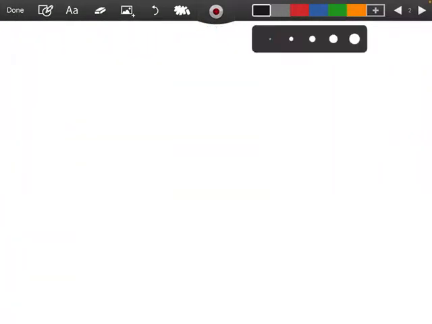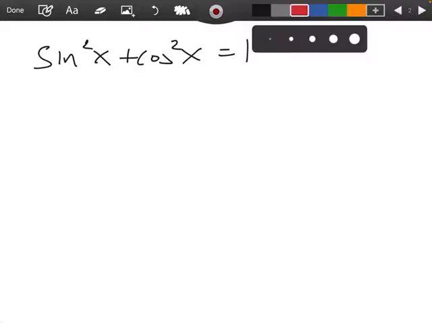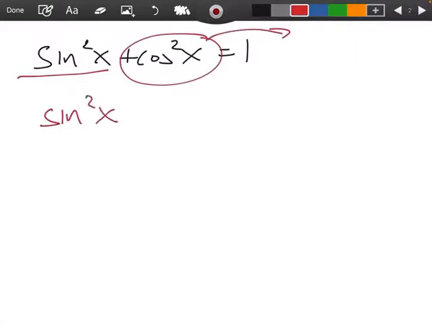One of the Pythagorean identities we have says that sine squared x plus cosine squared x is equal to 1. So if I take this equation and leave this guy on this side, but move the cosine squared x to the other, that would tell me that sine squared x is equal to 1 minus cosine squared x.